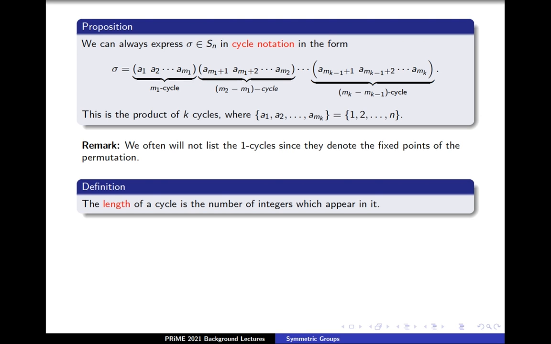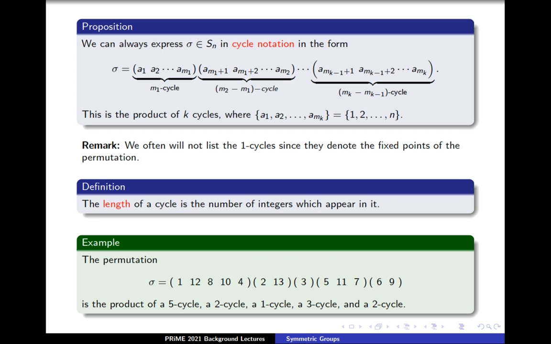Okay, a definition is that the length of a cycle is the number of integers which appear in that cycle. So returning to our permutation in S13, this is the product of a 5 cycle, a 2 cycle, a 1 cycle, a 3 cycle, and a 2 cycle. So it's a 5 cycle because it has 5 numbers in that cycle.